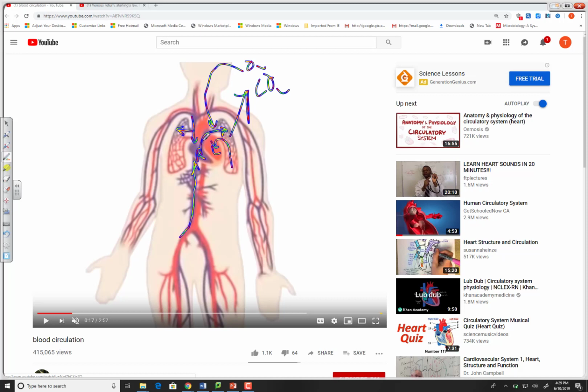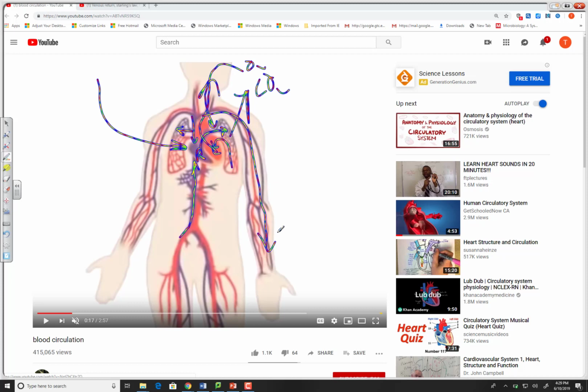Now, the right side of the heart just has to pump the blood to the lungs. So it doesn't have to generate a lot of pressure. Even though the right and left side of the heart pump the same amount of blood, the right side of the heart doesn't have to work as hard because it doesn't have to generate as much pressure. But the left side of the heart has to send that oxygenated blood to every cell of your body, right?